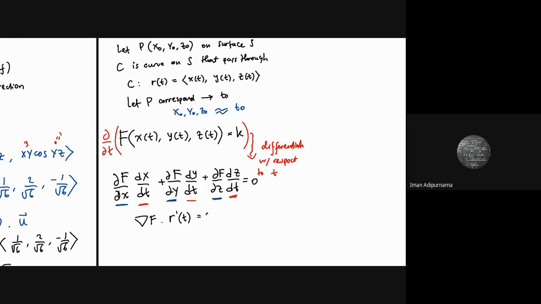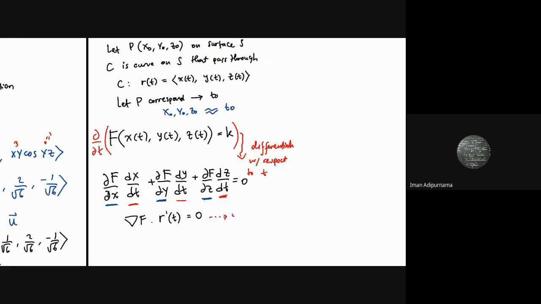And it is equal to 0, which means from this expression we know that they are orthogonal. Or we can say that the gradient vector is orthogonal to the r prime. This is the gradient vector, and this we can write as a tangent vector, if you remember the big T, because it has the same direction as the r prime, right?